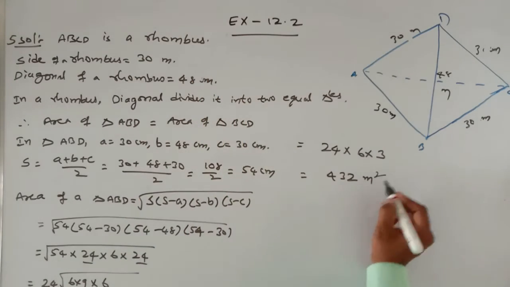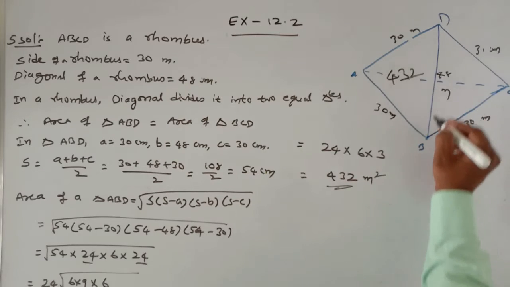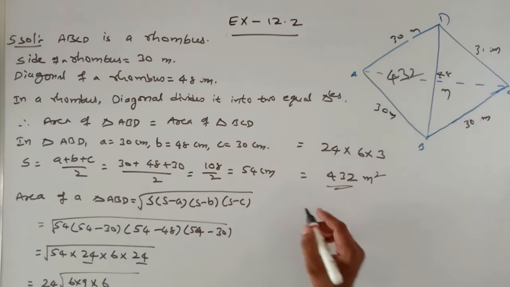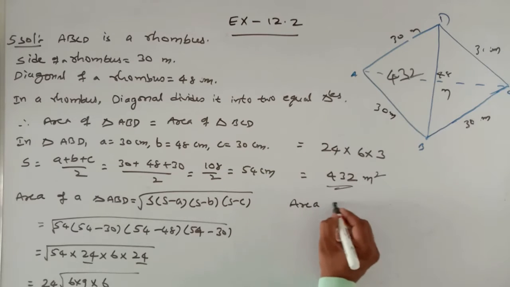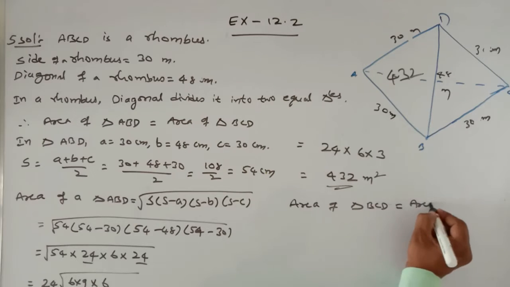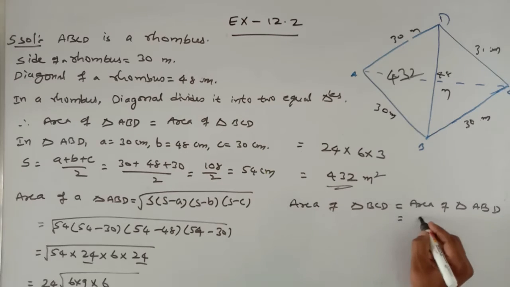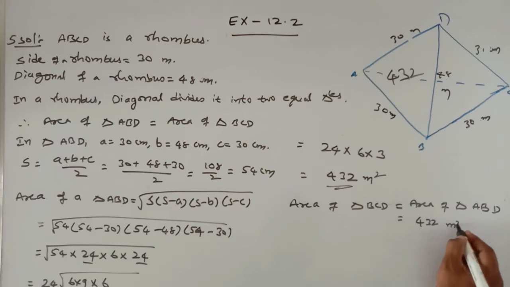This is the area of triangle ABD. In the same way, area of triangle BCD is equal to area of triangle ABD, which is 432 square meters.